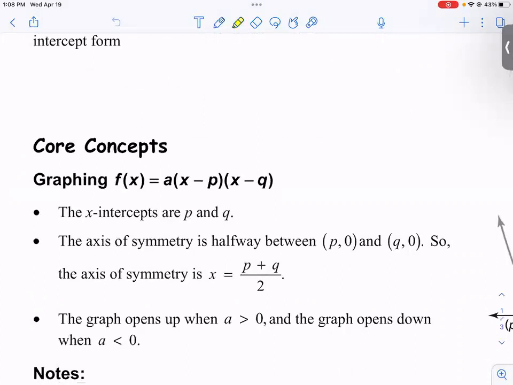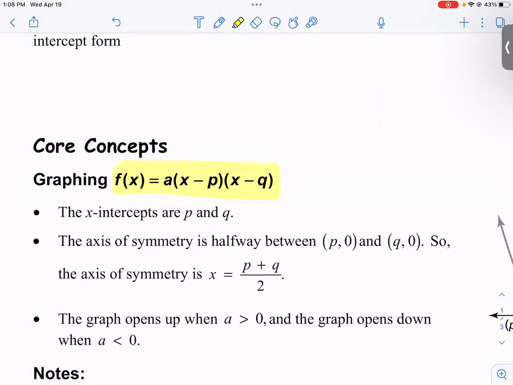So this right here, this is intercept form. Let's talk about why that is. You remember last chapter we did a whole bunch of factoring?